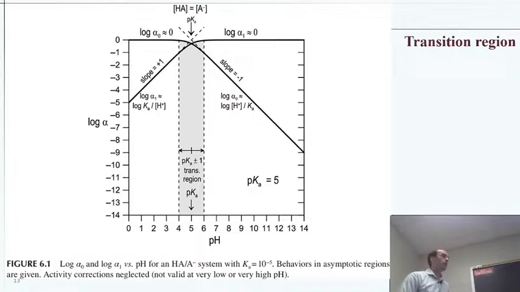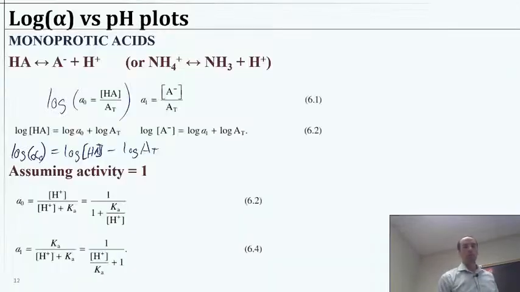That makes sense when we think about what I was just saying. If we plot log of alpha equal to some function, and we can get that function in terms of log H plus, there's a good chance, at least in the monoprotic system, that it's going to be a slope of plus or minus 1. And that is actually how it works.